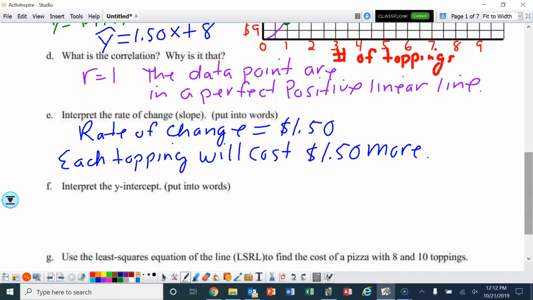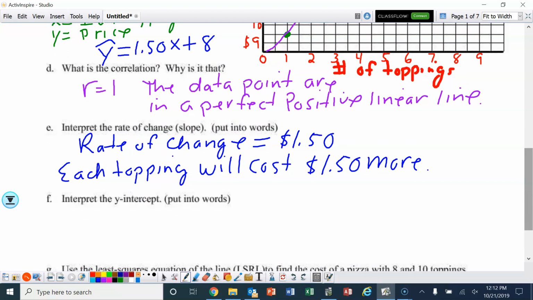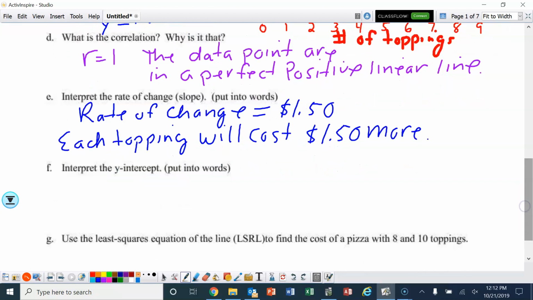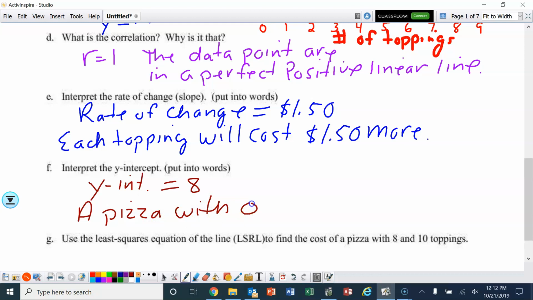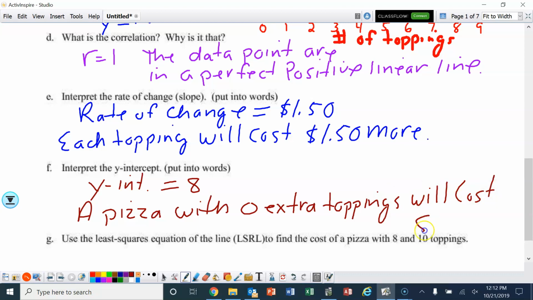Interpret the Y-intercept. Okay, well, the Y-intercept is 8. Let me switch colors here. Let's go. The Y-intercept is 8. Okay, well, what does that mean? A pizza with 0 extra toppings will cost $8.